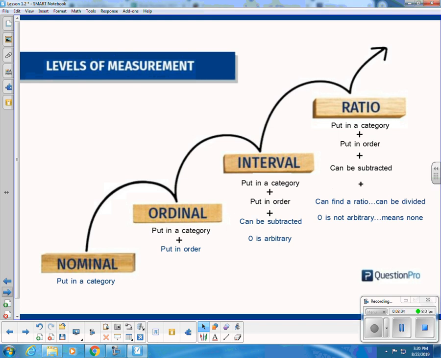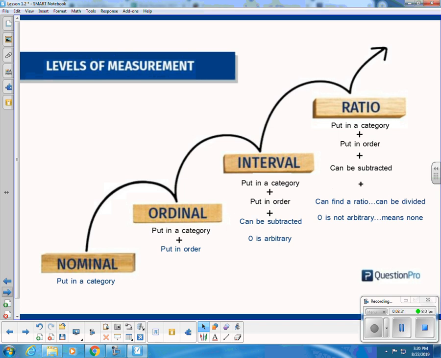If 0 is a true 0, meaning that means none, the weights of fish or monthly precipitation, that's a true 0. It means none. That tells you it's in the ratio level. Okay? If it makes sense that you could divide them and say, for instance, there's twice as much here than there, that would be a ratio level.